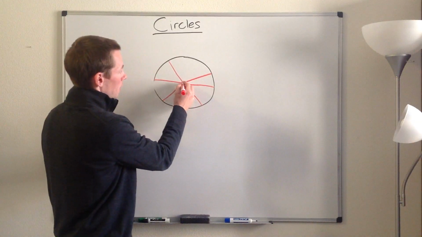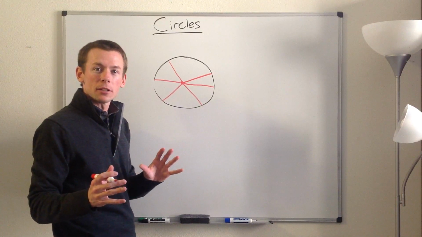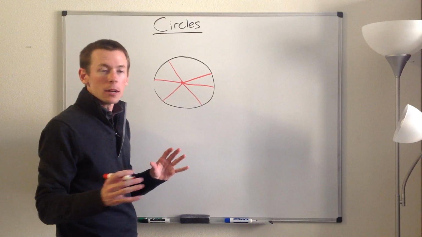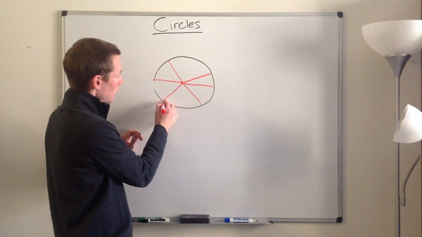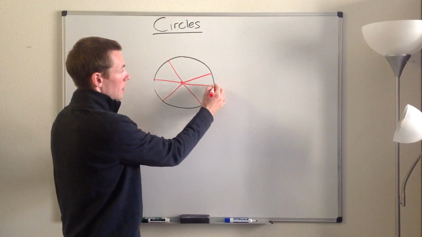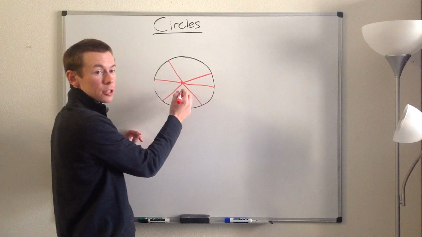It's the set of all points that are equal distance from a center point. So here, if I put a point right here, a point here, a point here, here, and here, and here, all these points are equal distance from the center point.